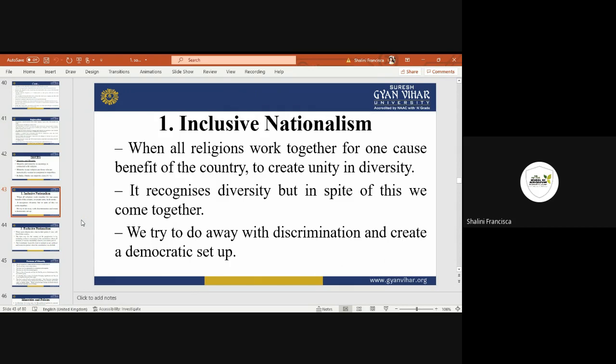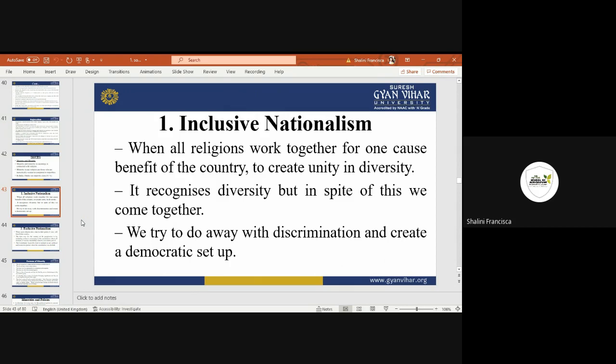We have known that in India, discrimination happens based on caste, creed, the way you speak, the religion you follow, the dresses you wear. But if you talk about inclusive nationalism, in that case, we all come under one flag, that is Indian.